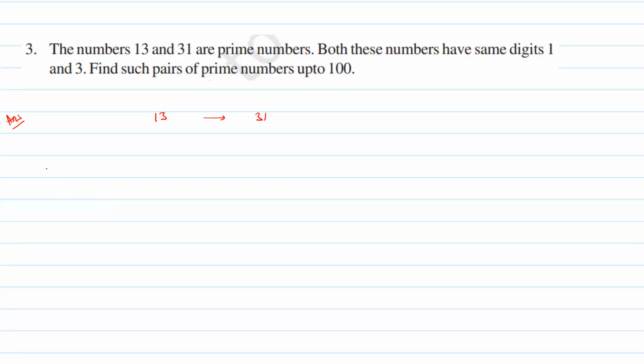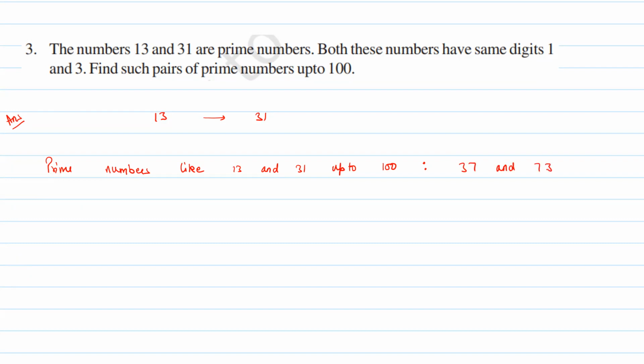So if I write prime numbers like 13 and 31, with reverse digits up to 100, we cannot have 29, 31, 37. Yes, we can have 37 and 73.